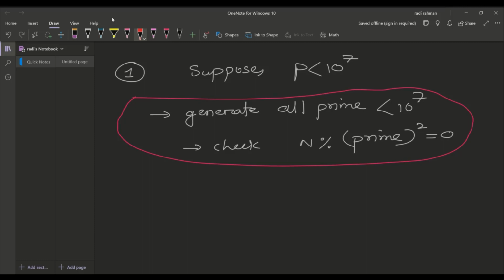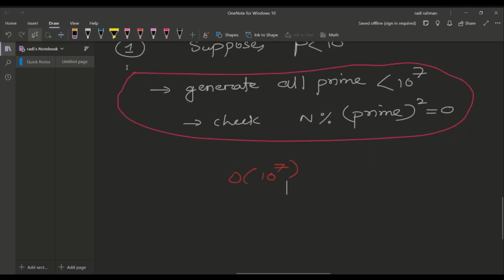So generating all primes less than 10 to the power 7, if you want to do it using sieve, then your space complexity will be order of 10 to the power 7, which will not result in a memory limit exceeded, and you can do this.